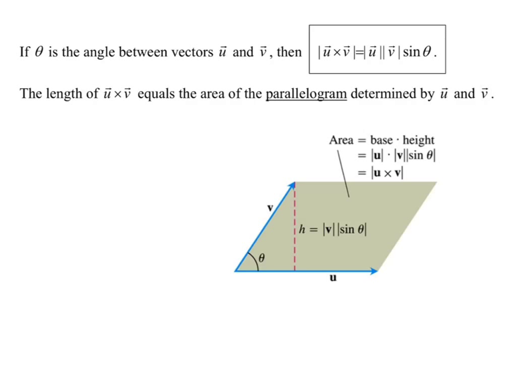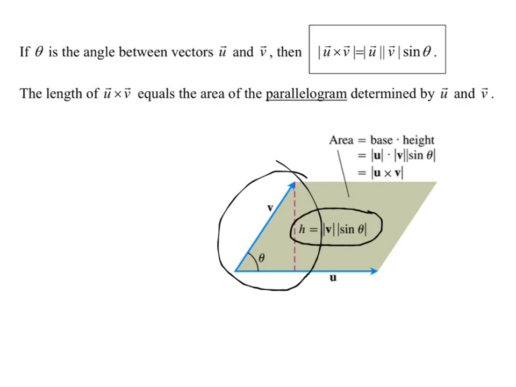The other thing in geometry is that the length of u cross v equals the area of the parallelogram determined by u and v. So we know area is base times height. We can think of the base as the magnitude of u. The height, using right triangle trigonometry, is going to be the magnitude of v times sine theta.